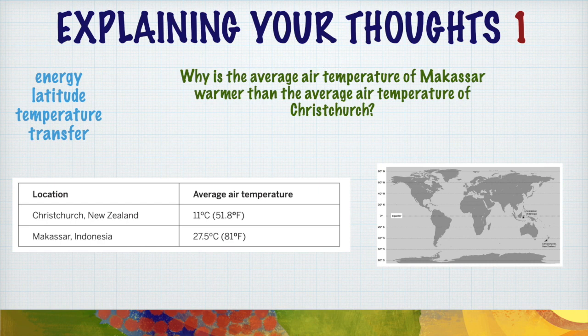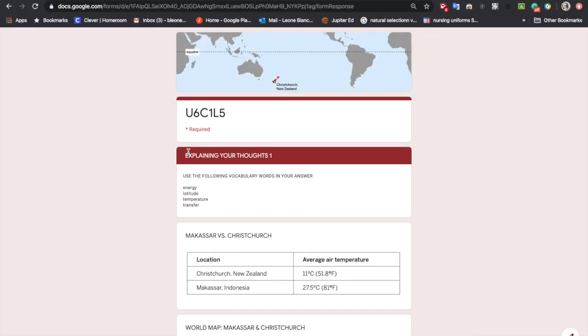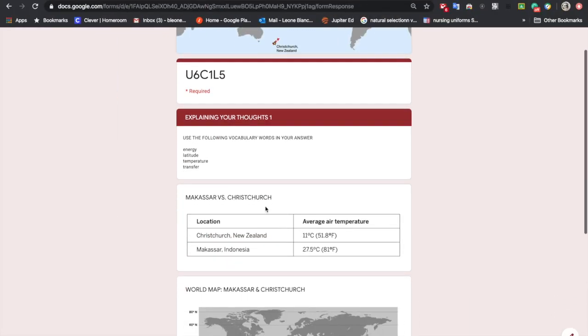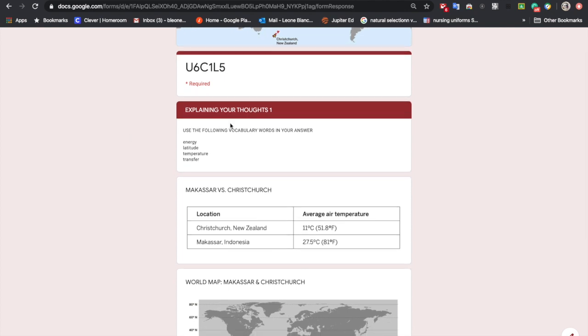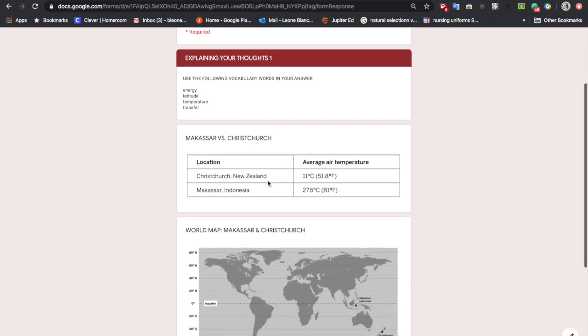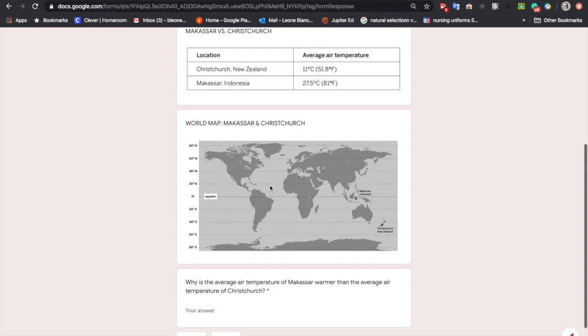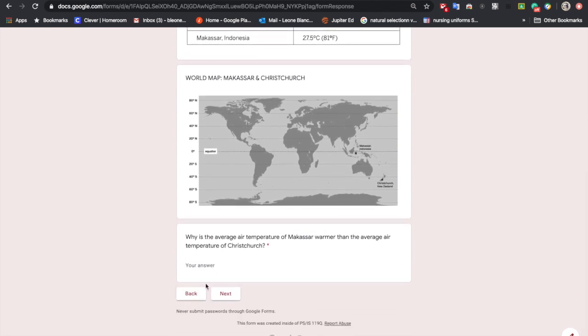So to answer this question, if you are now inside of the Google Drive, you'll see that I have the list of the vocabulary words. And I have the diagrams here nicely outlined for you. And down here is where you would answer your question.